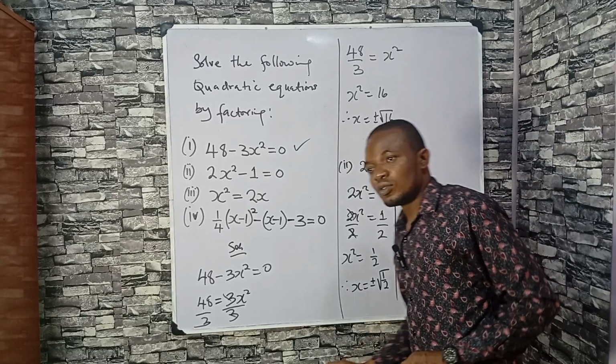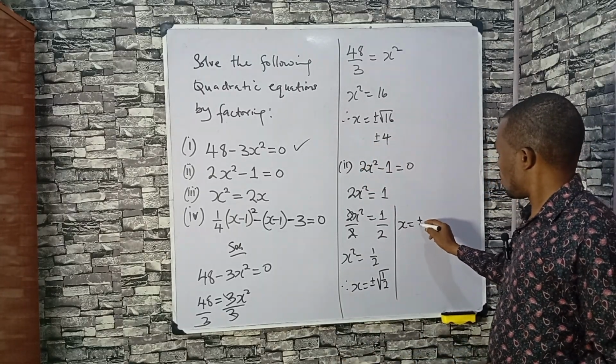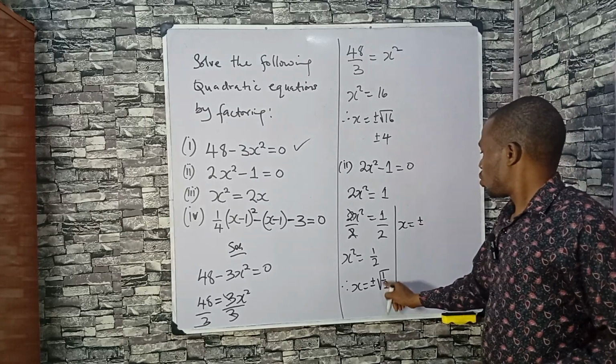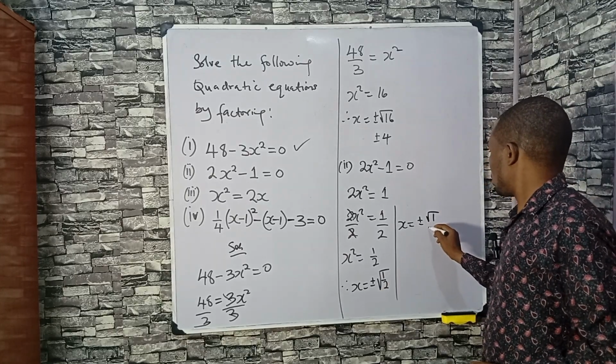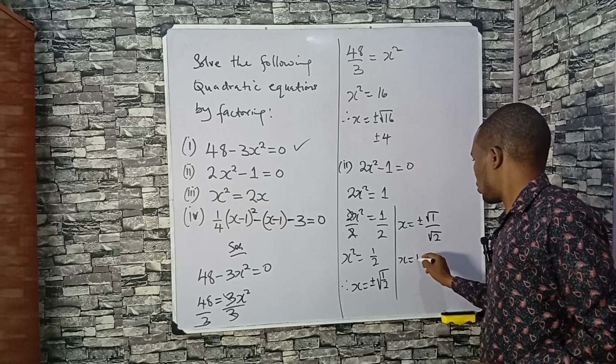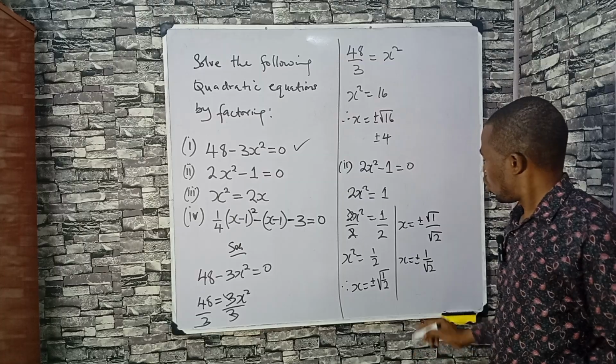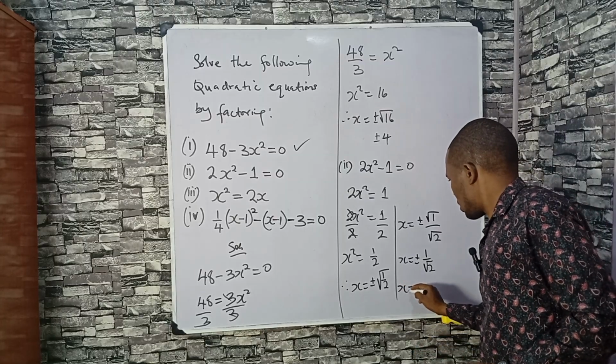But let's solve this further. x equals plus or minus square root of 1, which is still 1, so you can have this to be plus or minus 1 divided by root 2, which can be rationalized.